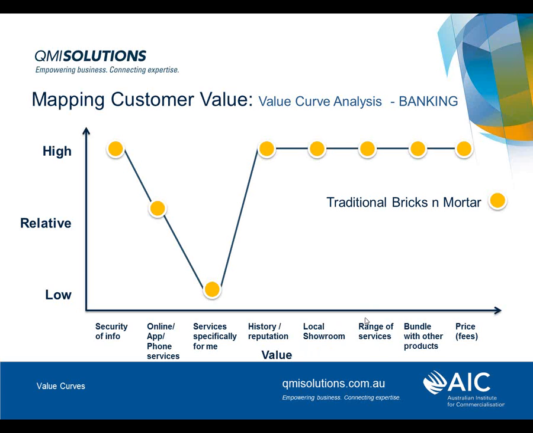They've got a range of services. They've got mortgages and loans and all sorts of different products that they can offer as well. And they'll bundle with other products as well, with insurance and all sorts of different things like that. Their price, though, is reasonably high.